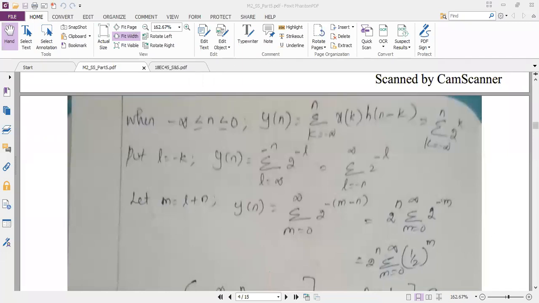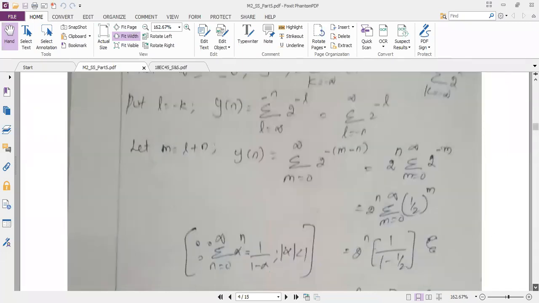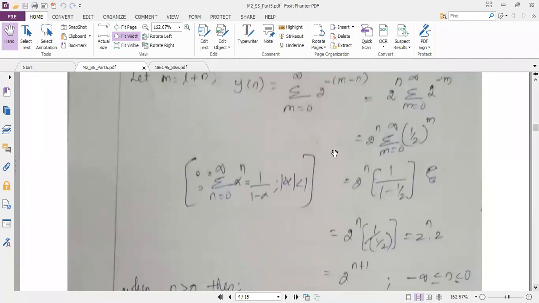Now in mathematics, you have this formula: summation n is equal to 0 to infinity alpha power n is equal to 1 divided by 1 minus alpha. If I compare this formula with this, 2 power n is constant, which is already there. Then inside the bracket, 1 divided by 1 minus alpha.